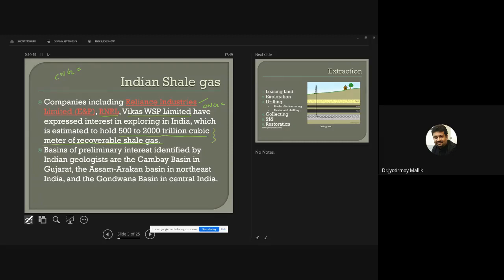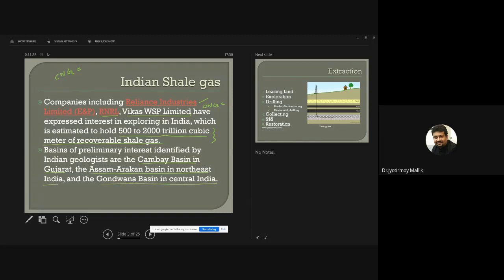If you want to make your career in the oil and gas industry, this is something to look for. The basins of preliminary interest in India are the Cambay Basin, where we already explore for conventional oil and gas, close to Bombay offshore, Gujarat. Then the Assam Arakan Basin in northeastern India, and then the Gondwana Basin in central India.